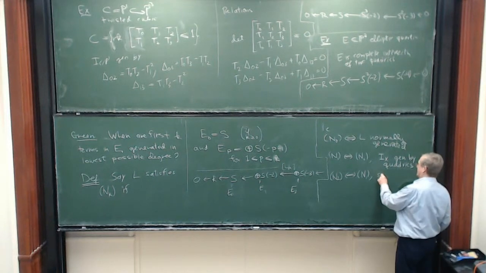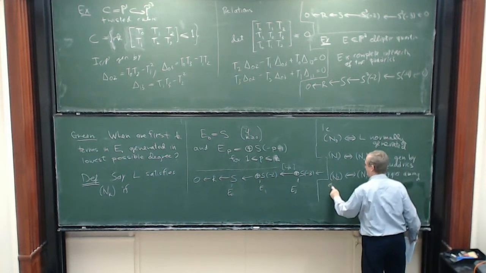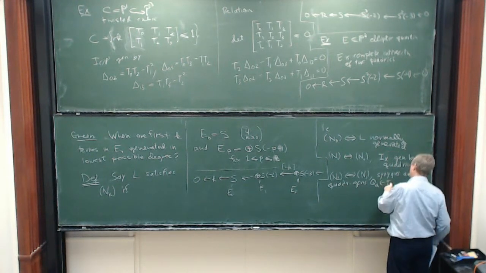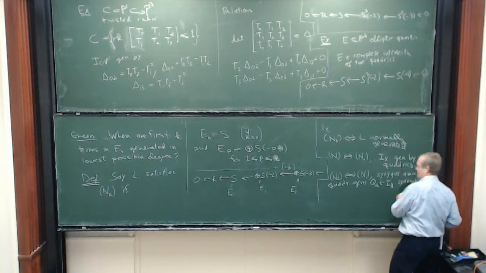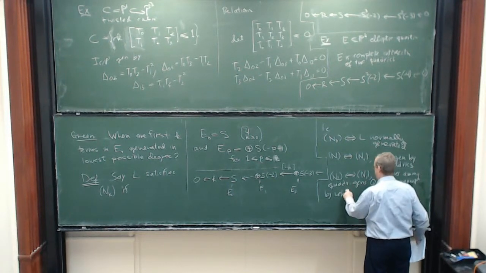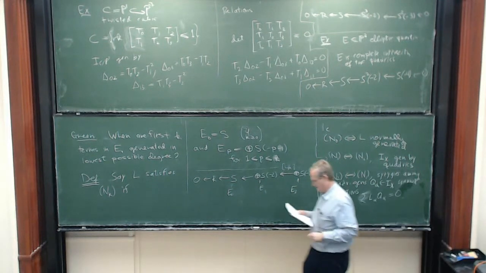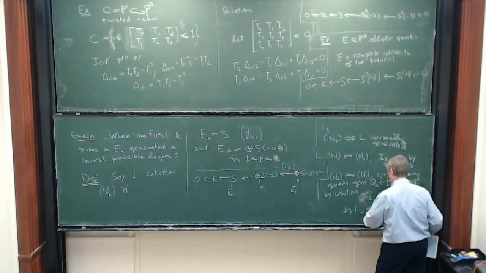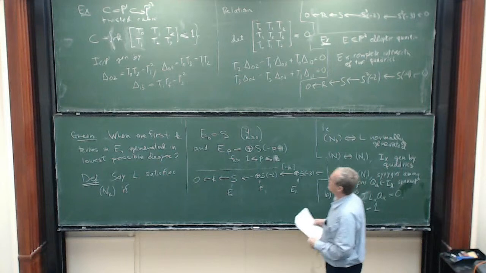So the syzygies among quadratic generators Q_alpha in the ideal should be spanned by relations of the form the summation of L_alpha Q_alpha equals 0, where the degrees of L_alpha are 1. And so on.